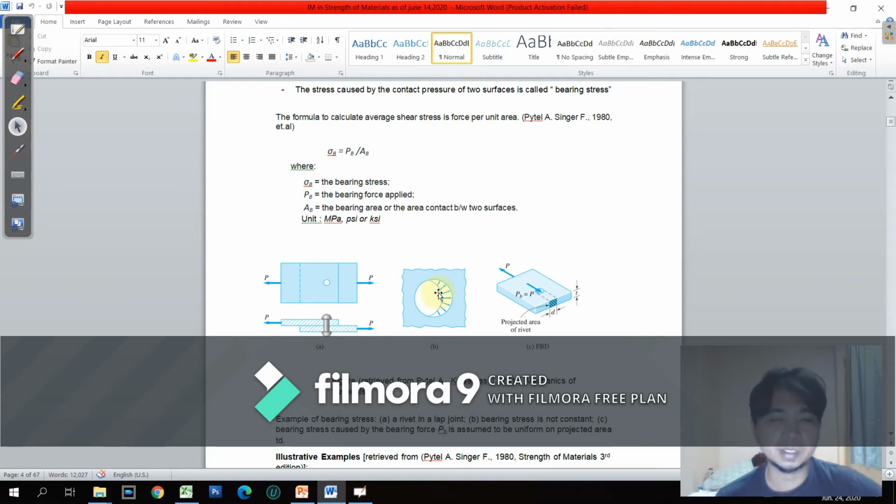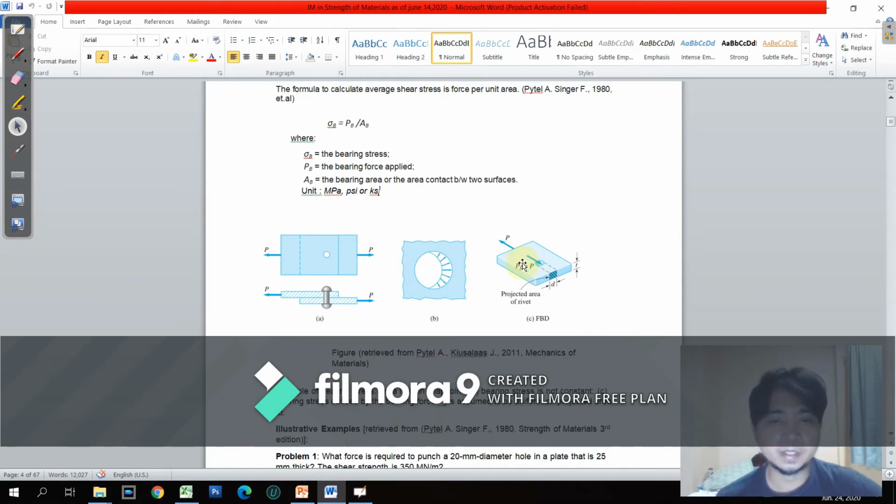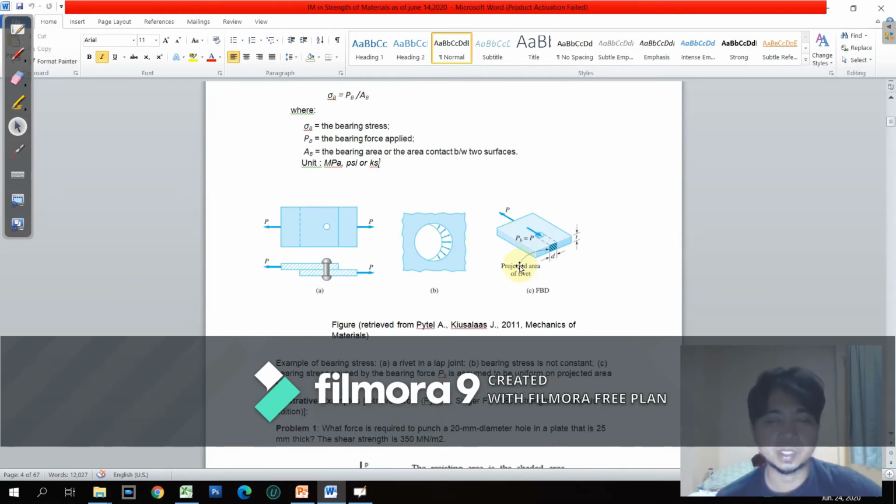And if we consider the area of the hole, that is equivalent to what? The area of the bearing is equal to the contact area, which is diameter times thickness.